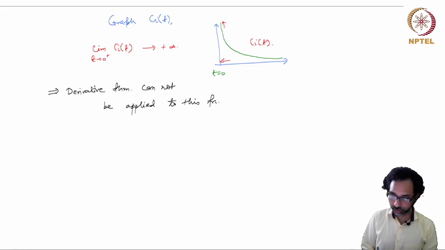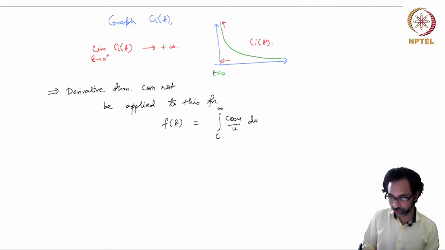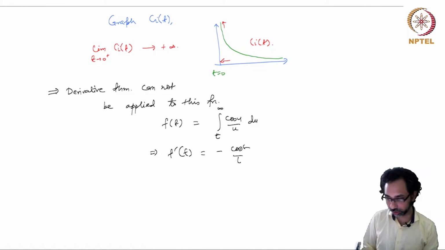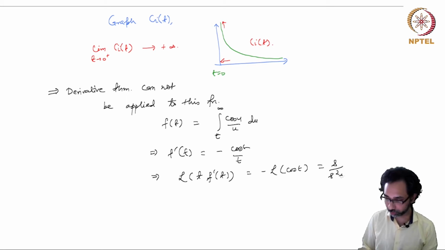In fact, in many places I have seen that once we define this function, the integral from t to infinity of cos u over u du, people differentiate the function to get minus cos t over t, and then they take the Laplace transform of t f prime(t) as minus the Laplace transform of cos t, which is s over s square plus 1.